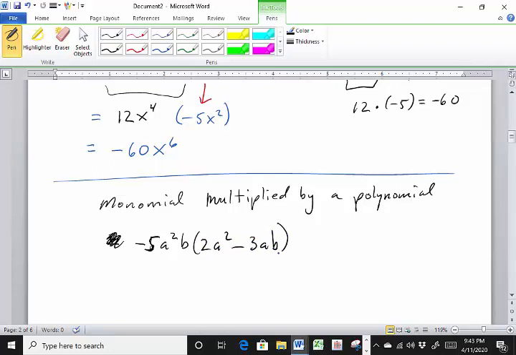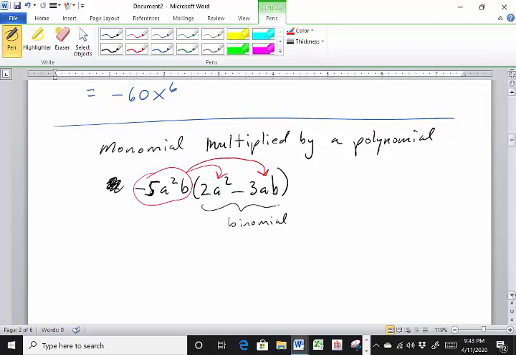So notice we have a multivariable monomial, and then we actually have a binomial here, right? This is a binomial. So guess what? We're going to use the distributive law. So I'm just going to take this term times this term, and then the monomial term times this last term. So let's do that. So this equals negative 5 times 2 is negative 10. A squared times a squared is a to the 4th.